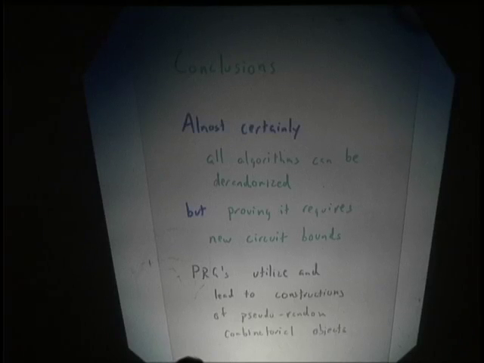I'm going, unless people have objections, it looks like I'm going to finish ahead of schedule. So what do we know about de-randomizing algorithms? Well, almost certainly, I said it would be very surprising if there were a probabilistic algorithm that really wasn't de-randomizable at all.